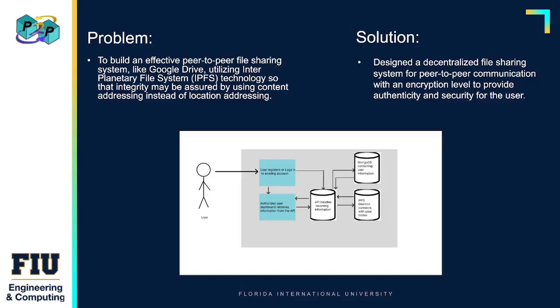We looked at the opposing ideas, such as Google Drive, OneDrive, and other technologies, and we realized that one of their biggest flaws is that there are still security flaws, and that they're still centralized at the end of the day. So what we designed was a decentralized file sharing system for peer-to-peer communication with an encrypted level of security to provide authenticity for its users.